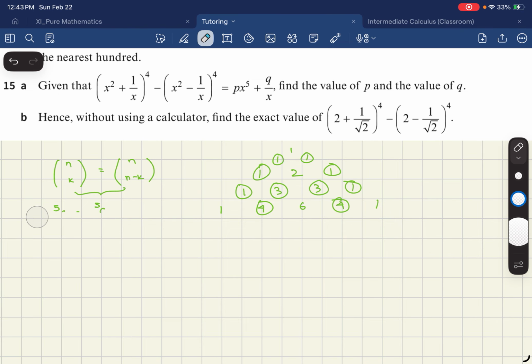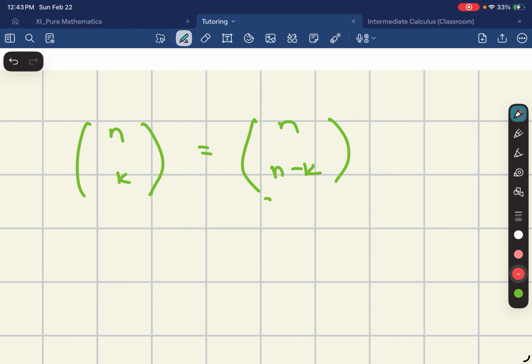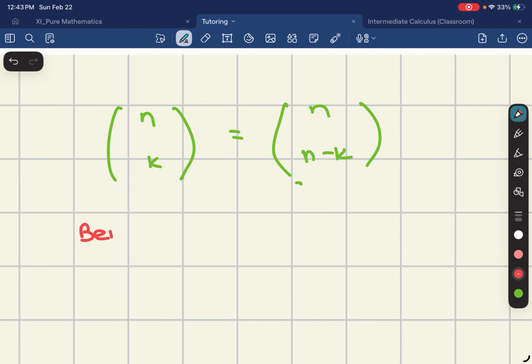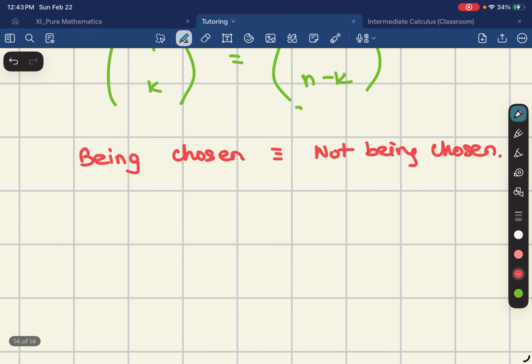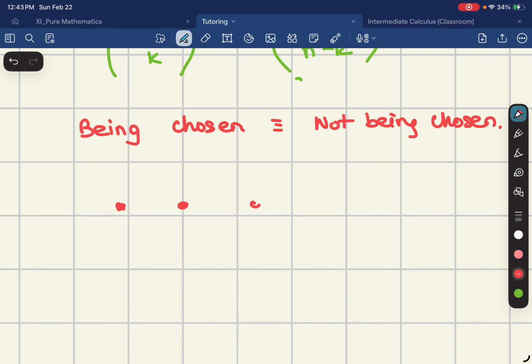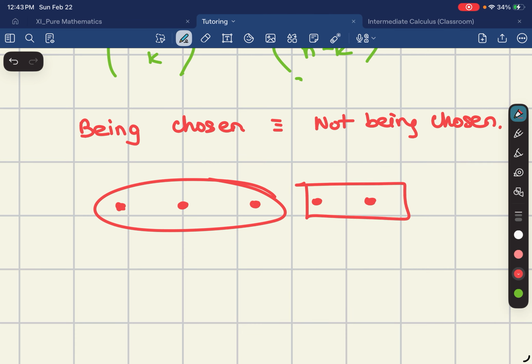And one way to understand this is, in mathematics, in combinatorics, maybe not in real life, being chosen is the same as not being chosen. So for example, if I have 5 objects, I want to select 3 of them, well, I automatically have 2 of them on the side.